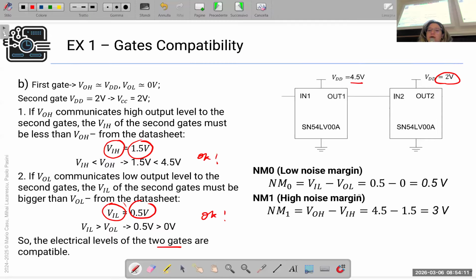If we want to calculate the noise margin, again at the low level, we have input low minus output low, and this is 0.5. At the high level, we have output high minus input high, and this is 3 volts. If the noise margins are major than 0, they are fine.